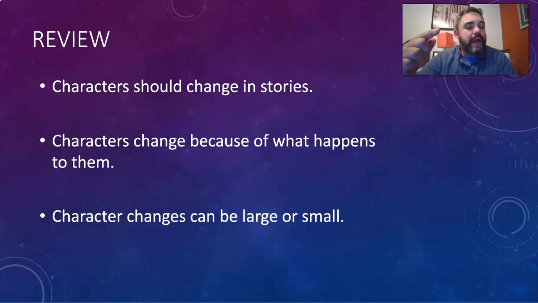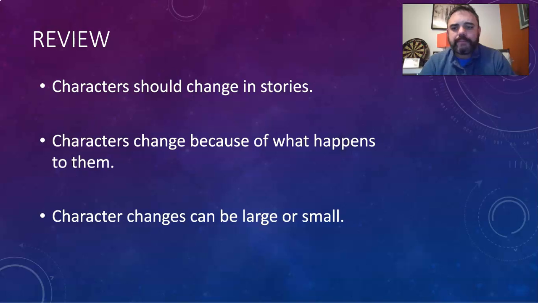Characters change because of what happens to them, just like in our lives when things happen to us. Our attitudes change, our outlooks change, and that's very similar to characters in stories. Authors know that, and they purposely do that. They don't randomly come up with events to happen to characters.